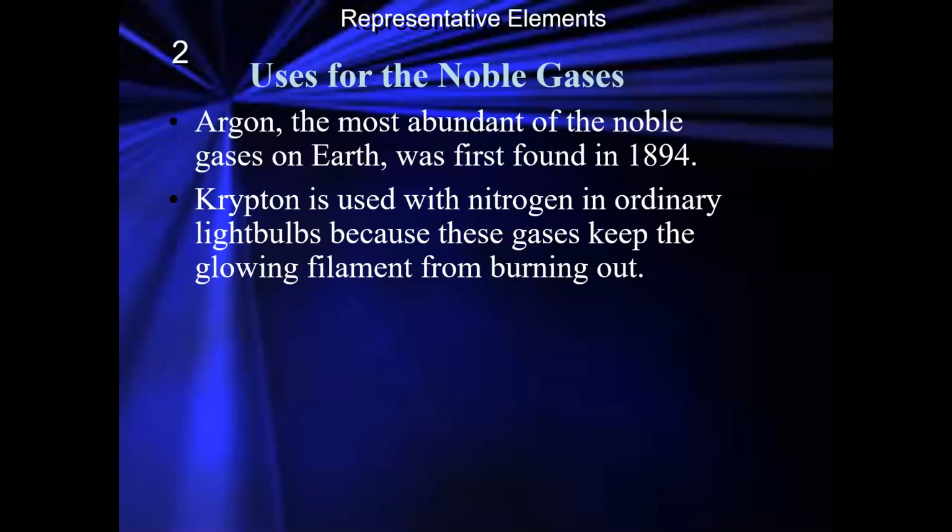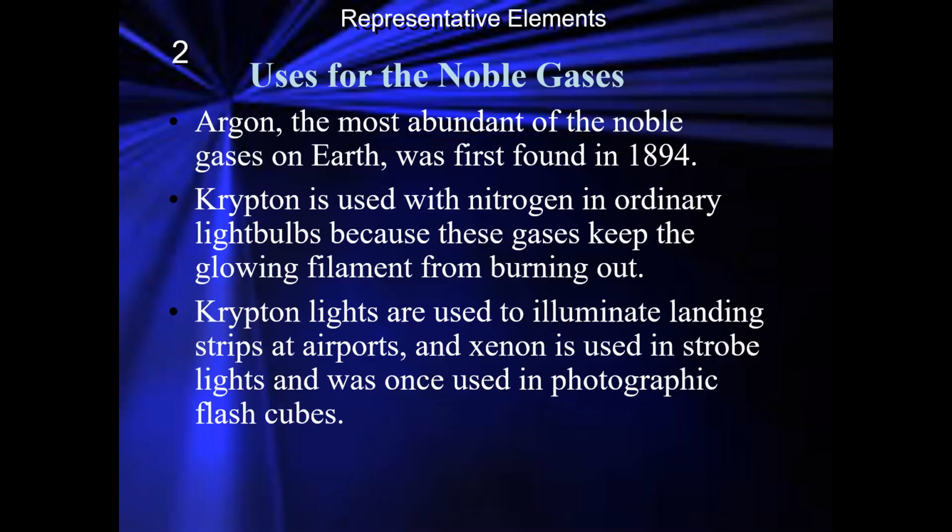The next one, krypton, is used with nitrogen in ordinary light bulbs because these gases keep the glowing filament from burning out. Krypton lights are used to illuminate landing strips at airports, and xenon is used in strobe lights and was once used in photographic flash tubes. This is interesting knowledge also.